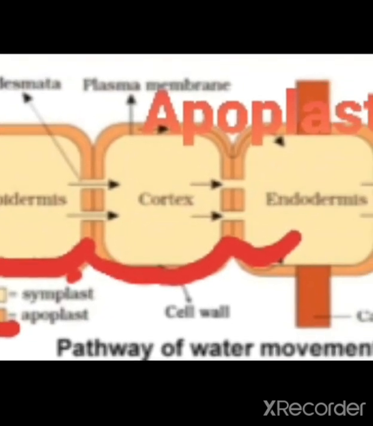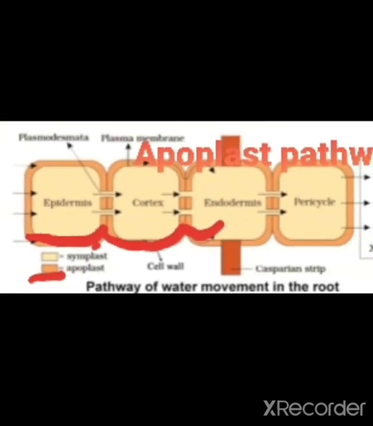As water evaporates into the intercellular space or the atmosphere, tension develops in the continuous system of water in the apoplast. Hence, mass flow of water occurs due to the adhesive and cohesive properties of water. This is the apoplast pathway.